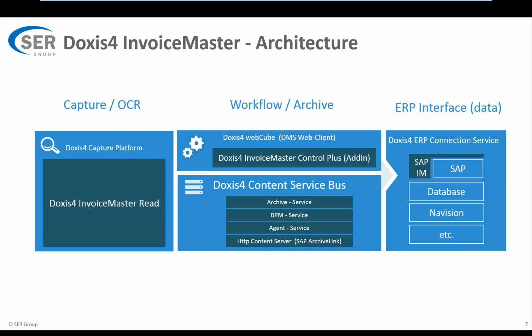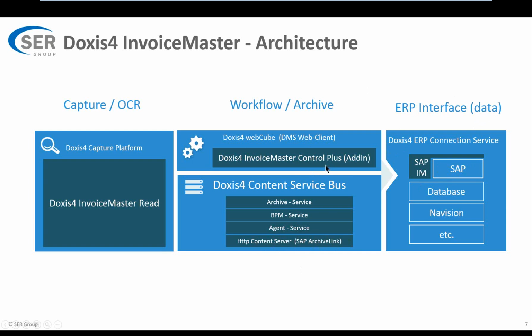So this gives us the chance to do updates without doing a whole new project, because we don't change the invoice master mask and logic behind. We change the ERP interfaces, the function we need.